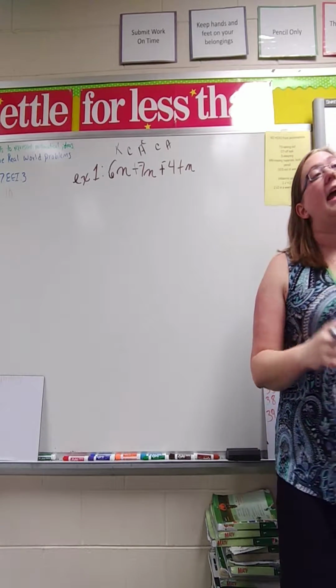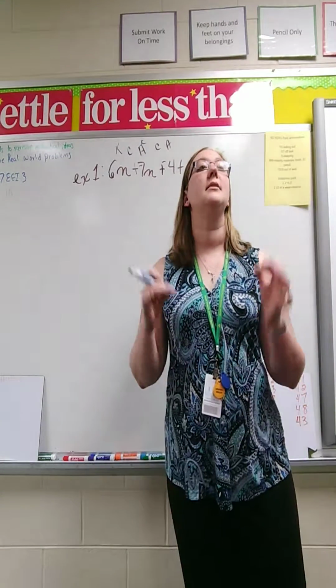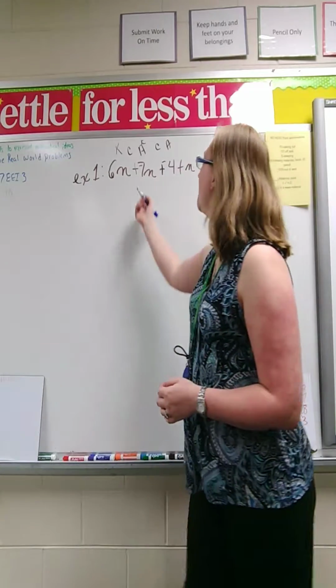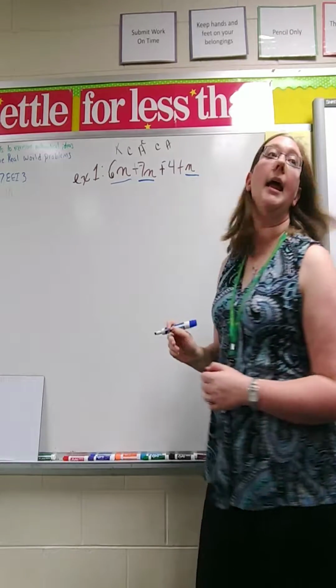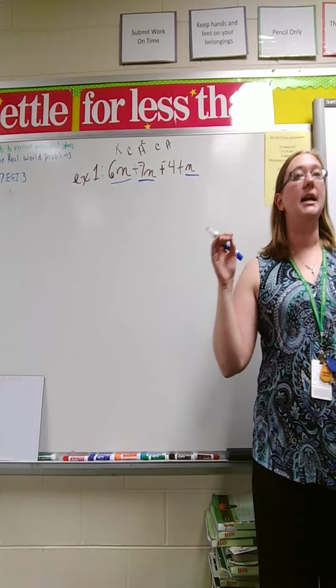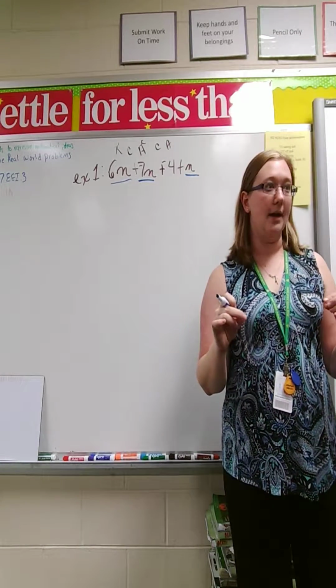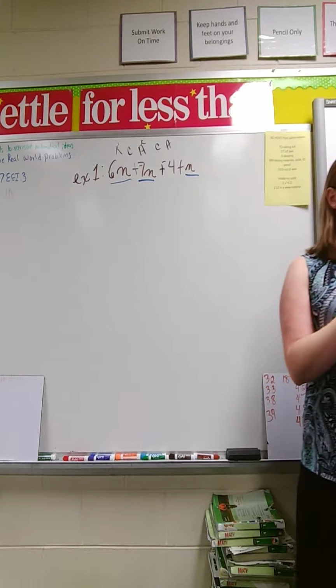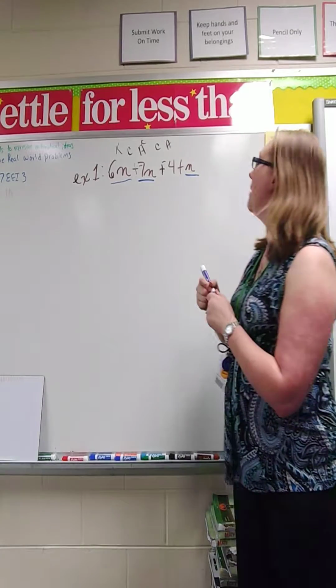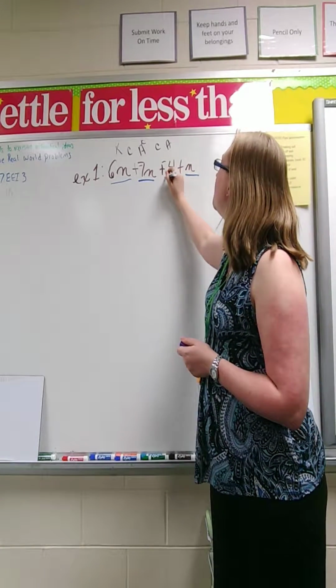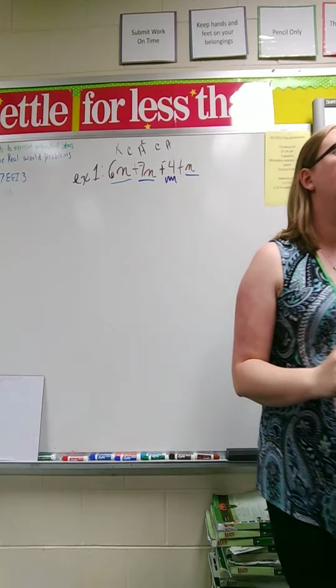So anything that has a variable n is a like term. Okay? So I've got 6n, negative 7n, and n. I'm going to end up combining those three things. So then what do I have left? 4. Okay, then I have my numbers. My number is different.